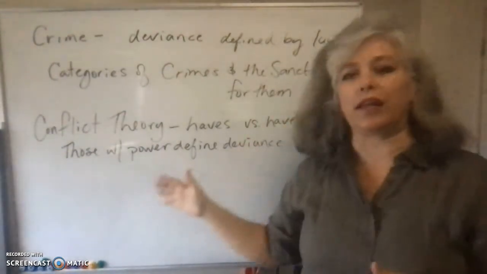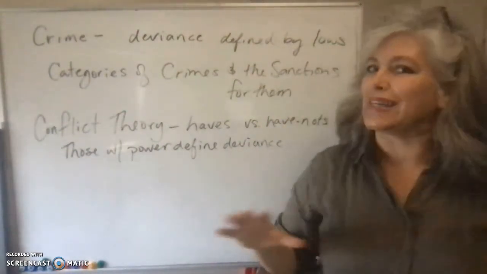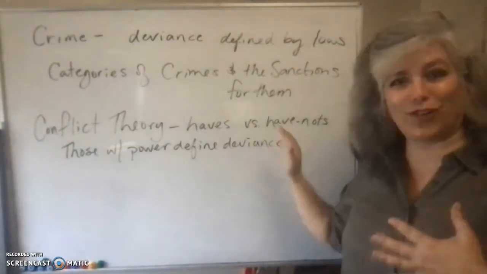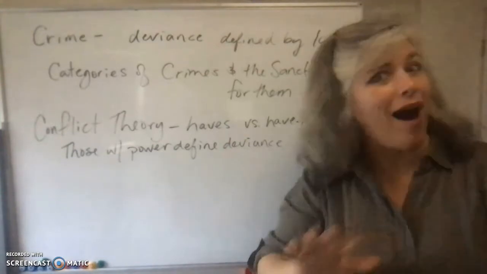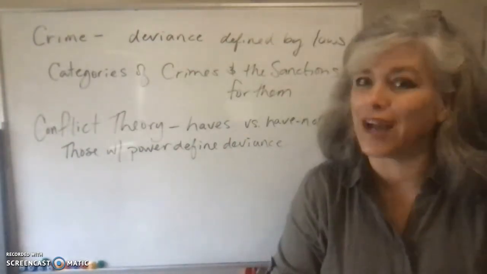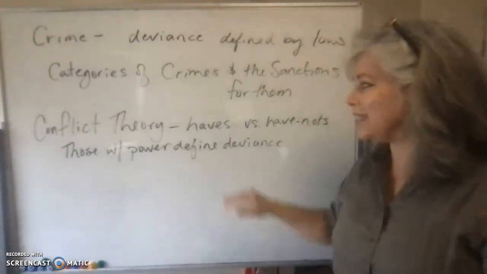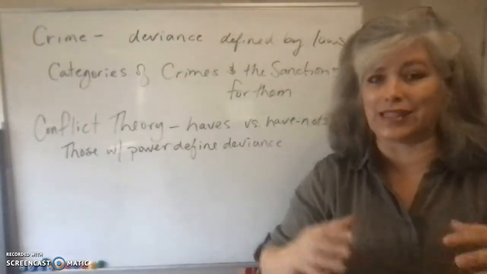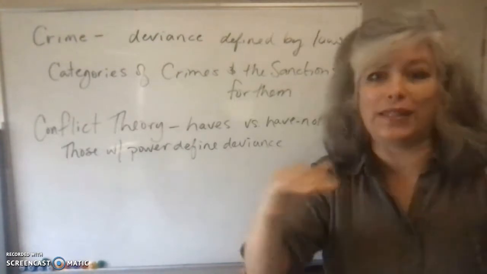So with conflict theory, if you will remember the basic definition of what that is, this is where we get the terms the haves versus the have-nots. It is not just the title of a Tyler Perry soap opera. It is a generalized term for categories of people that exist in society in unequal positions.